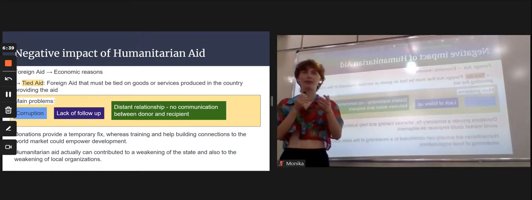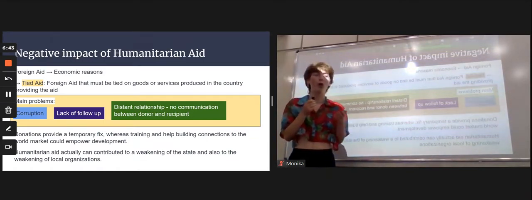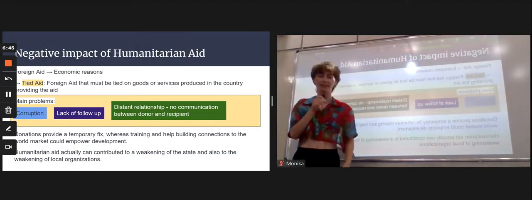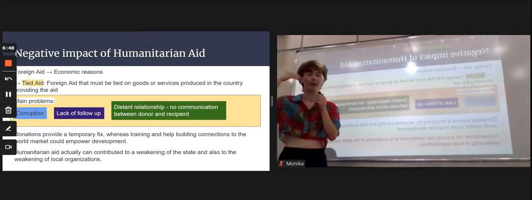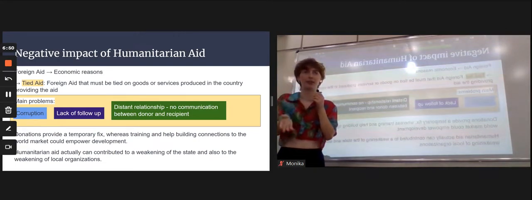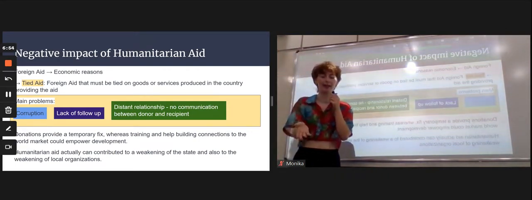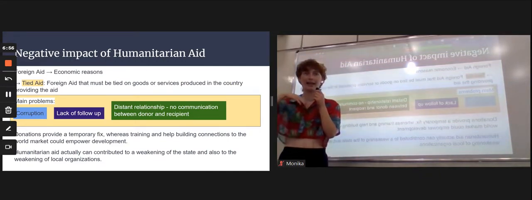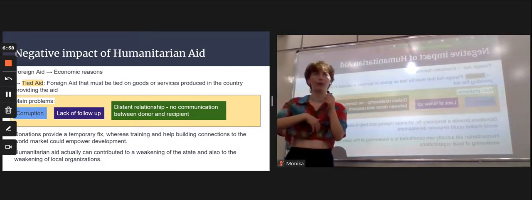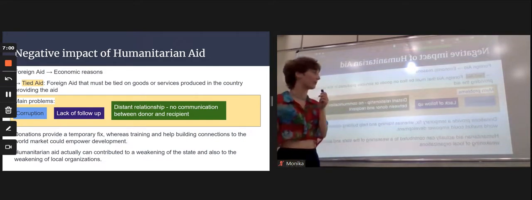For example, because of ethics and you genuinely want to help a country to develop, or because of economic reasons, to like your economic interests in the country. So a developed country will help another country to develop so they can have trade with them or get the resources of this country.